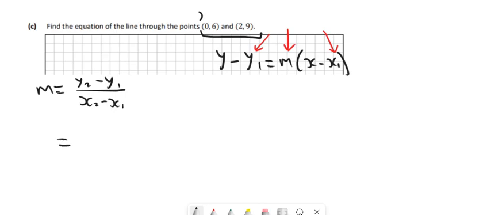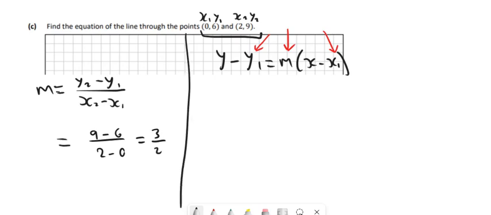So we label them x1, y1, x2, y2, 9 minus 6 over 2 minus 0, we get 3 over 2. Then now, so that's our m, 3 over 2 is our m.